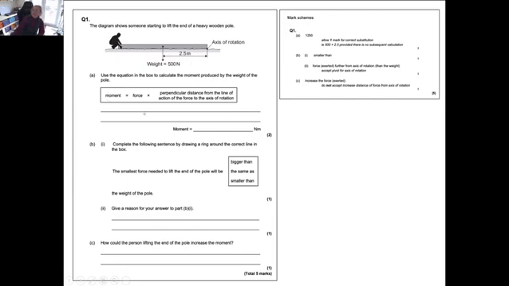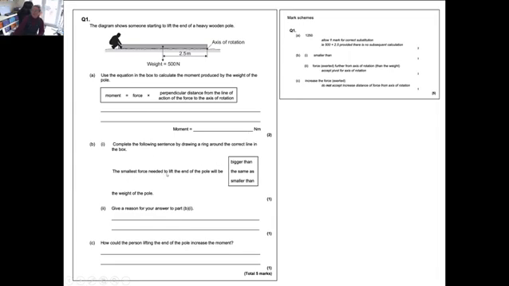Now in this case you've been given the equation. This is an old exam question, and that won't happen in your exams. You will have to know that equation, but you should have got the answer, 1,250 newton meters.